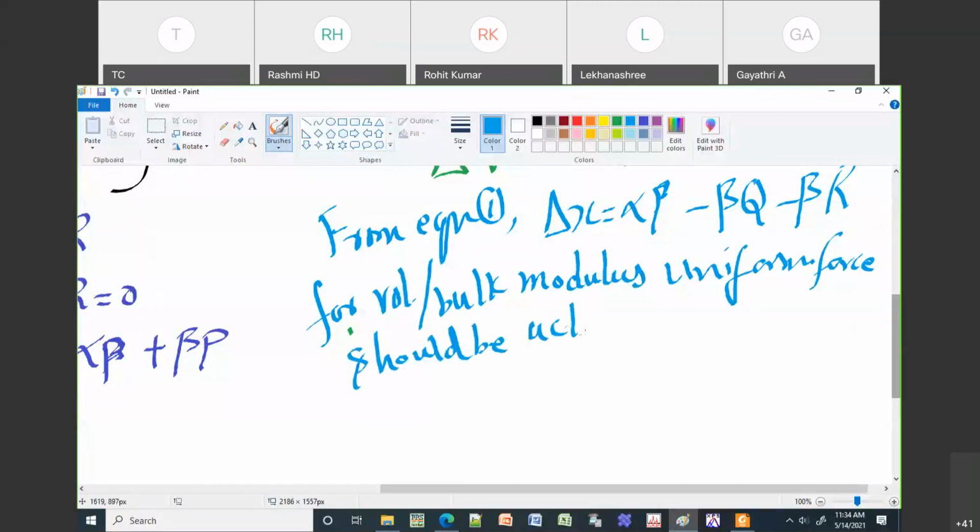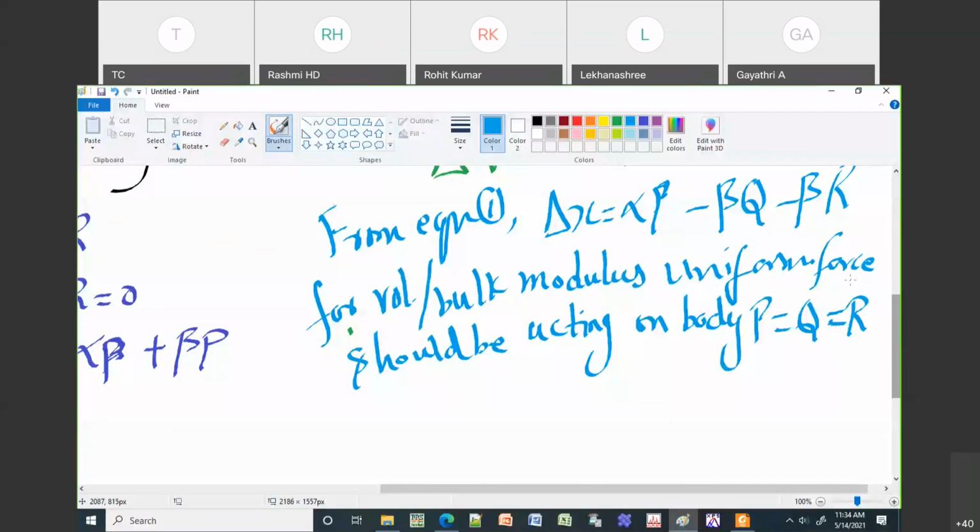That means you will have P is equal to Q is equal to R. Only in that case can you tell this is a bulk modulus.